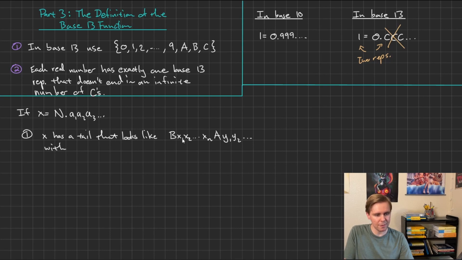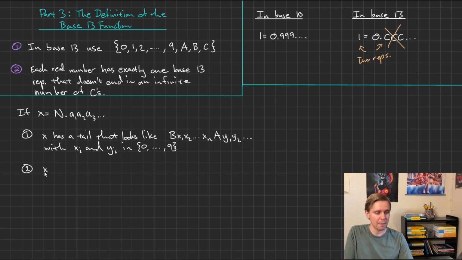With all of these numbers, the x1 to xn, and then the y1, y2, and so on, these are all 0 through 9. So with xi and yi in the set 0 through 9. This is one thing that could happen. There are a bunch of real numbers out there that have a tail that looks like this.